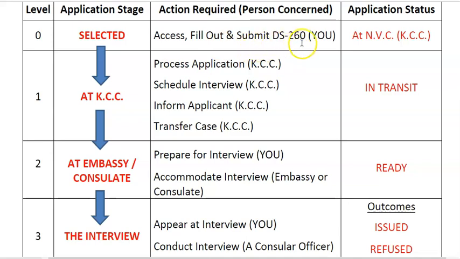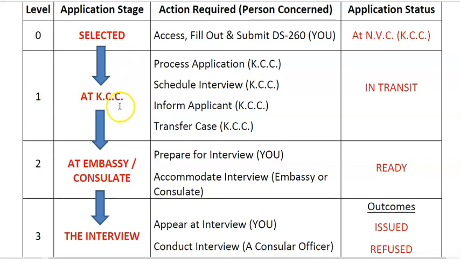Now, when you submit your DS-260, you are actually submitting it to the Kentucky Consular Center. Alright, that's the office of the State Department located in the state of Kentucky that processes diversity visa cases. You usually hear us speak about KCC. So KCC is the Kentucky Consular Center. So when you submit your DS-260 or your application to KCC, that brings your case to the first stage, which is at KCC.